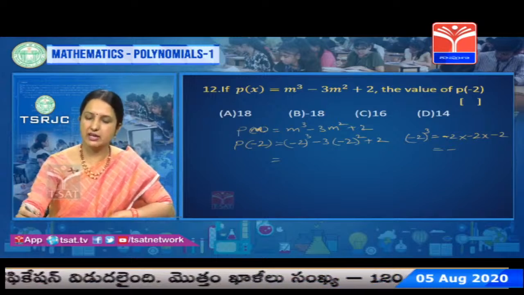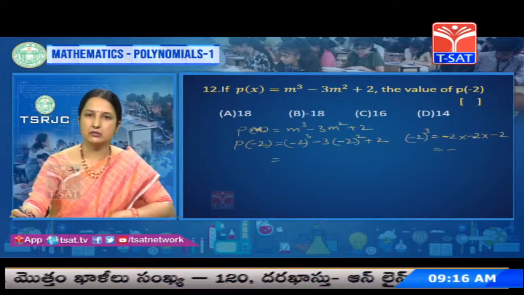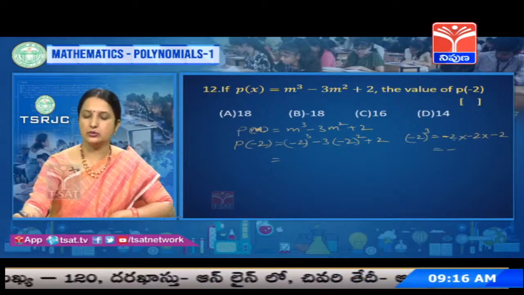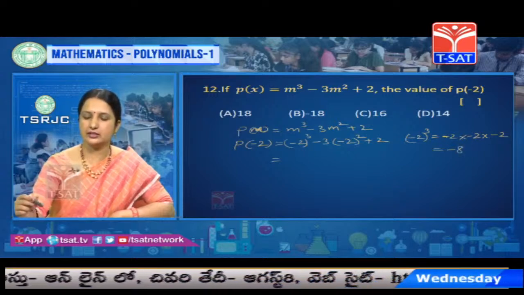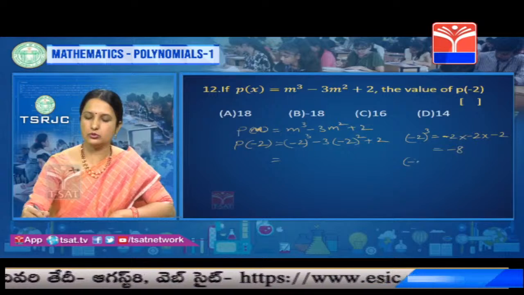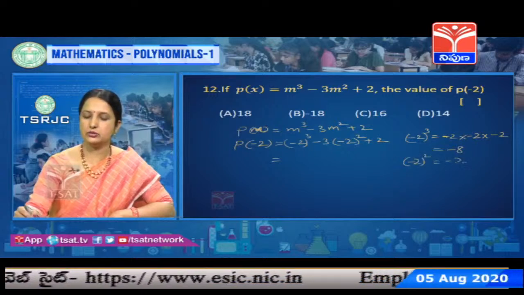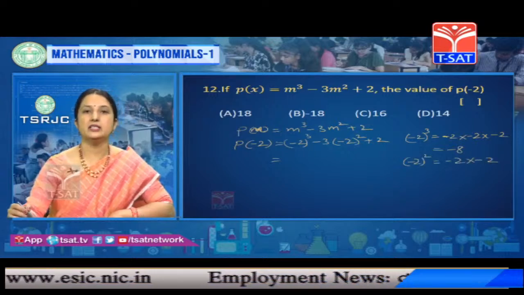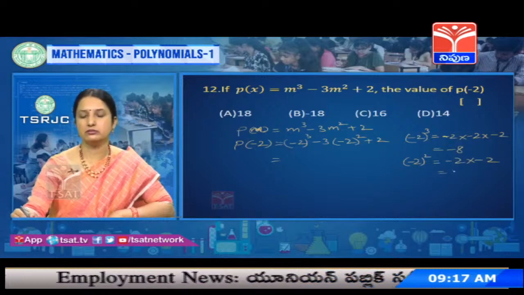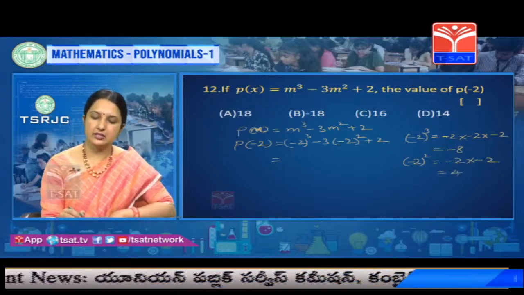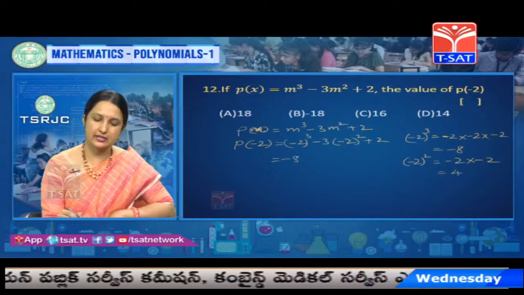So once we observe, minus into minus is plus, plus into minus is minus. 2 2s are 4, 4 2s are 8. And the next, minus 2 whole square. That means minus 2 into minus 2. Minus into minus is plus. 2 2s are 4. Plus 4 you will get. So right here, minus 8.